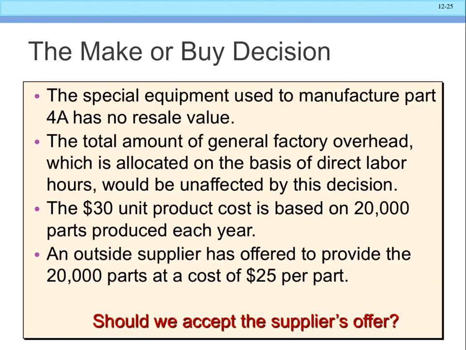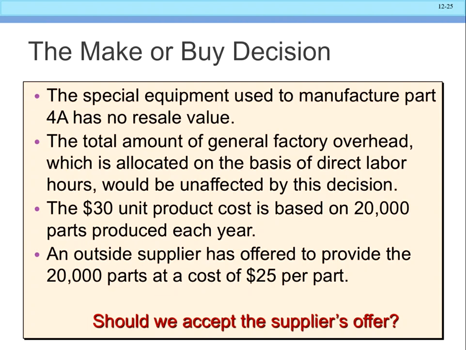Then the equipment that we are using to manufacture part 4A has no resale value. The total amount of general factory overheads, which is allocated on the basis of direct labor hours, is not going to be affected by this decision. That means, again, that's an irrelevant cost.